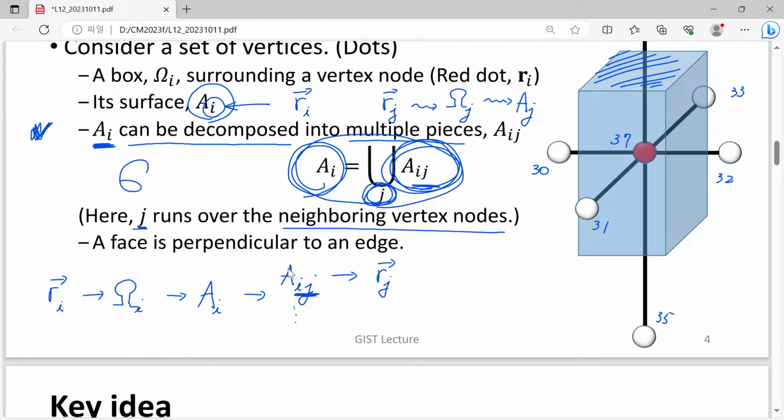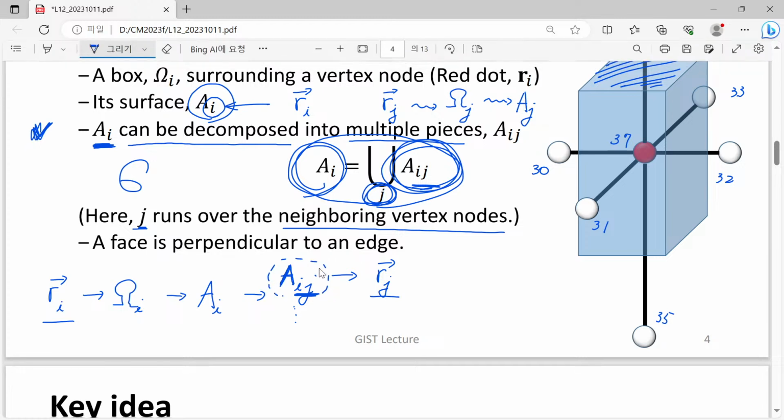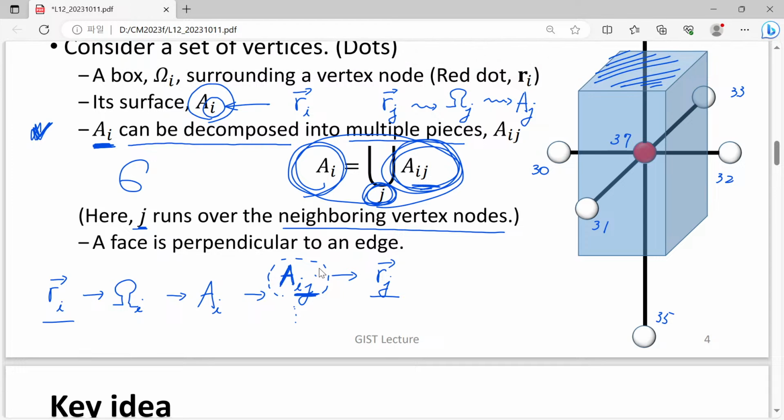So it is the surface which is normal, perpendicular, to an edge connecting R sub I and R sub j. That is shown here. So this is our logical steps to consider this box.